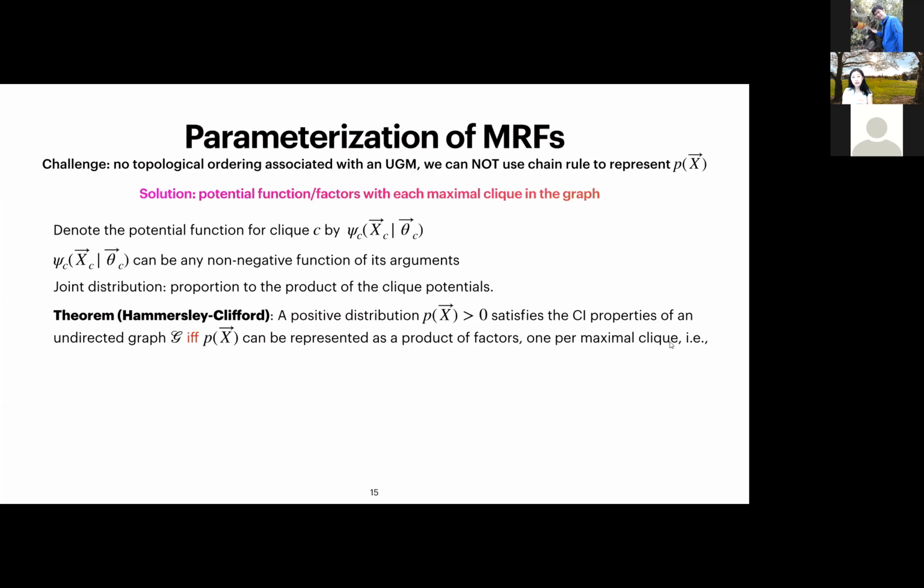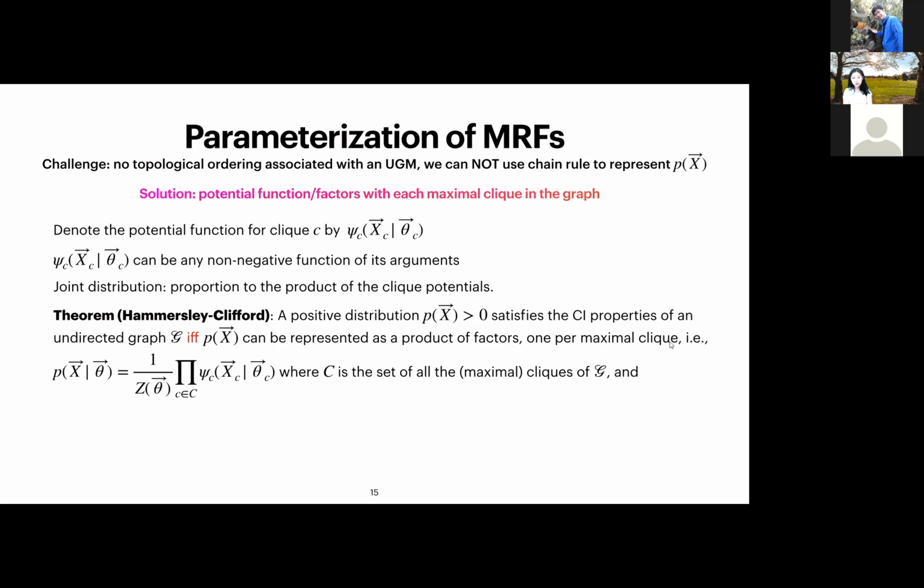Right. So here is the theorem saying that a positive distribution, joint probability of x greater than 0, satisfies the conditional independence properties of an undirected graph G if and only if the joint probability can be represented as a product of factors, one per maximum clique.